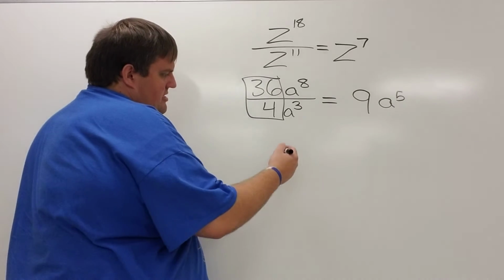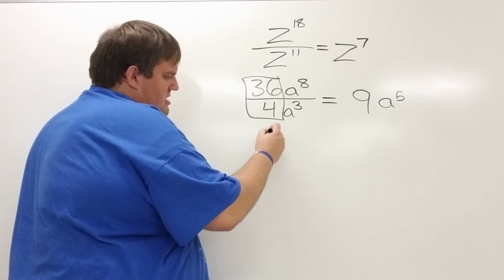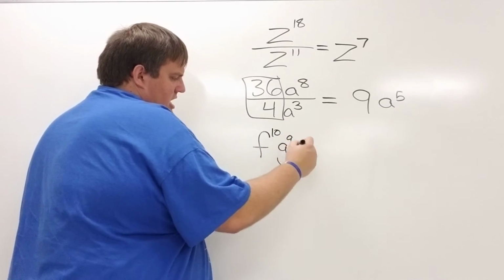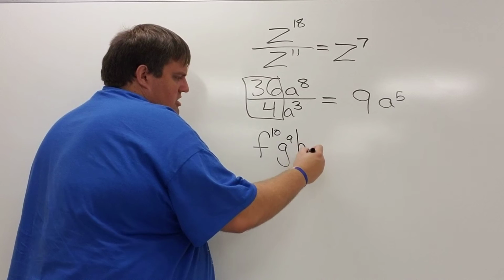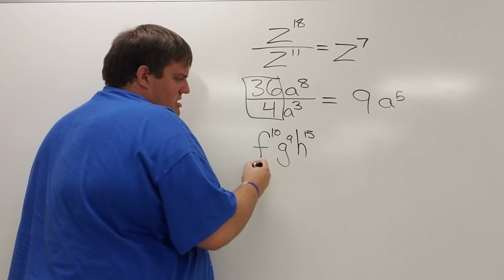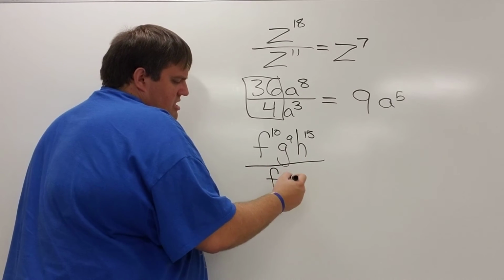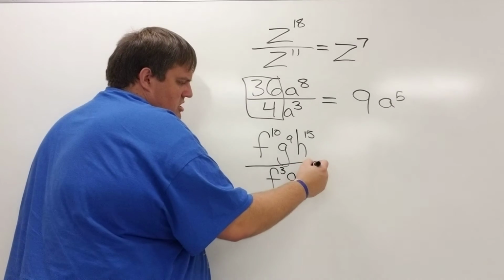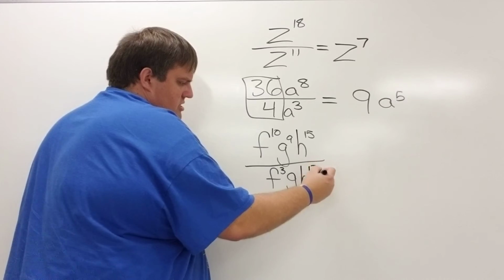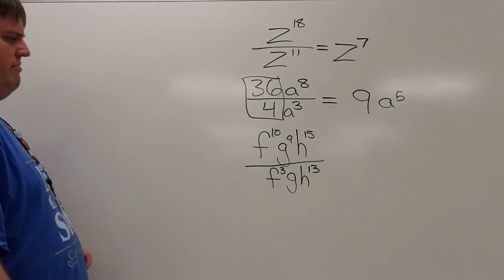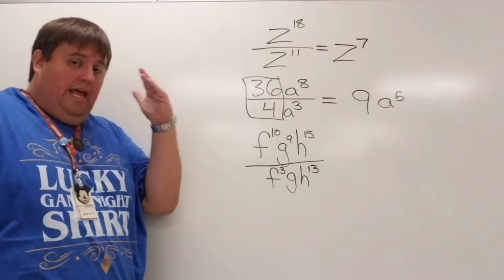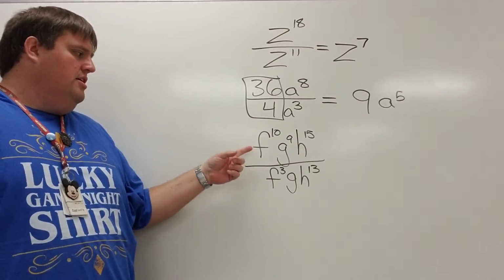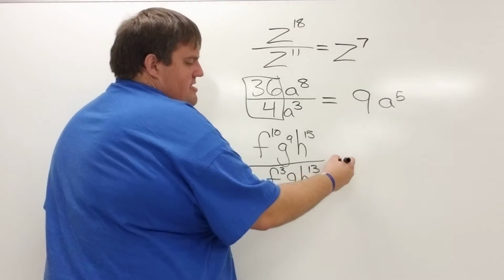What about f to the 10th, g to the 9th, h to the 15th, all over f cubed g h to the 13th? Okay? Again, we're only going to match up stuff that has the same base. So I can simplify the f's, right?